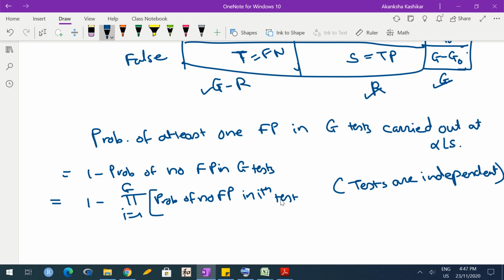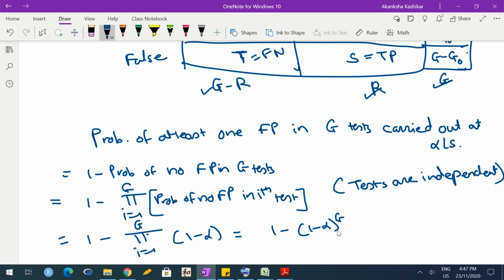Because we are assuming them to be independent, the probability of their intersection is the product of their individual probabilities. So 1 minus the product over i going from 1 to G. Now what is the probability of no false positive in any given test? For a single test, the probability of a false positive is alpha. That's how we define alpha. So no false positive would be 1 minus alpha. So when we take the product, this would become 1 minus alpha raised to G.